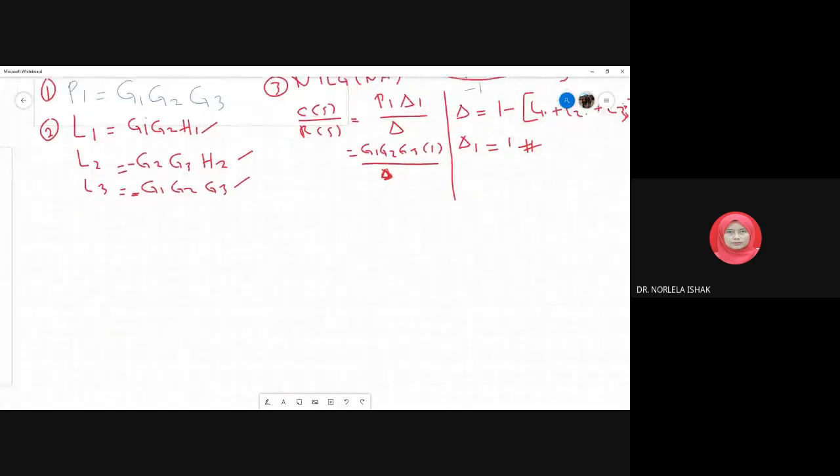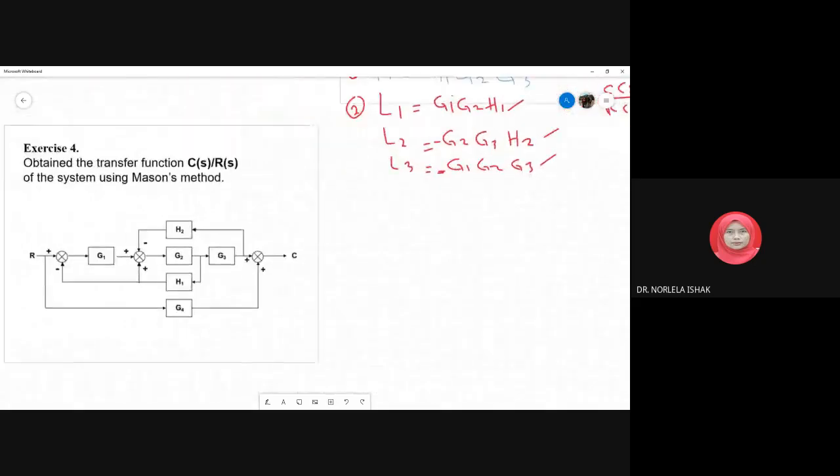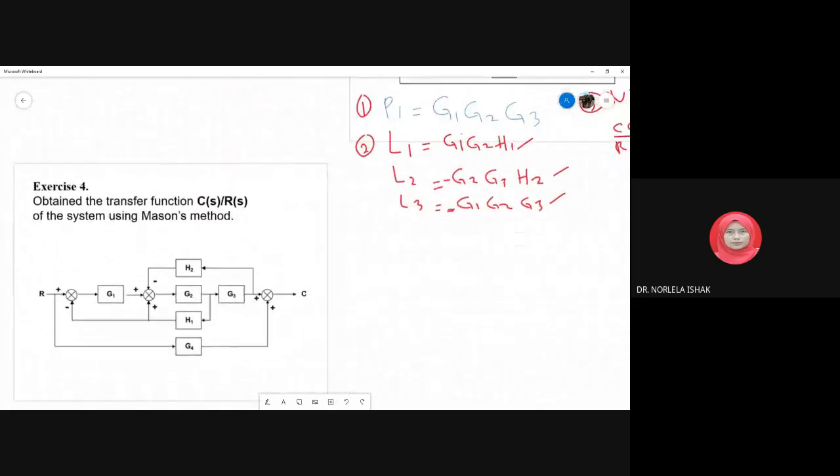Where is number 4? This is number 4. First, you have to transform the block diagram into a signal flow graph.